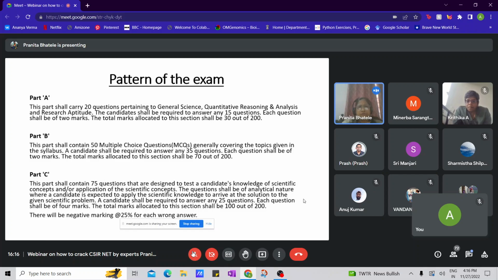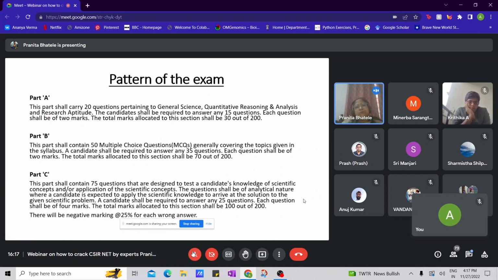So just quickly we'll see what the pattern is. There are three parts to the paper: part A, part B, and part C. Part A has 20 questions related to general science, mathematics, reasoning, and all. I'll talk about how to prepare for this part. You have to attempt 15 questions from there. Then the second part has 50 questions and you have to attempt 35 questions.